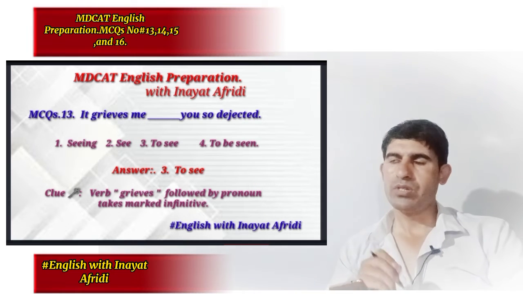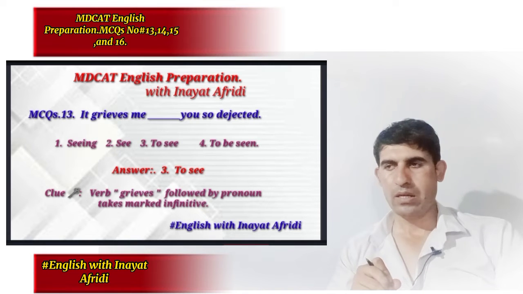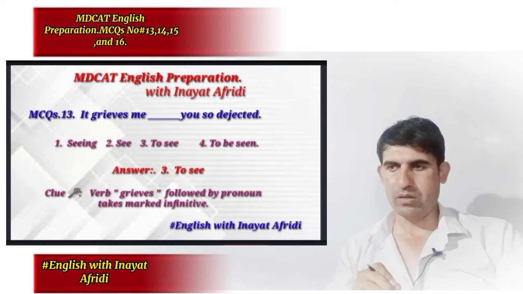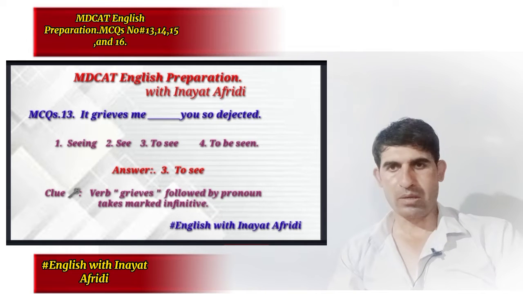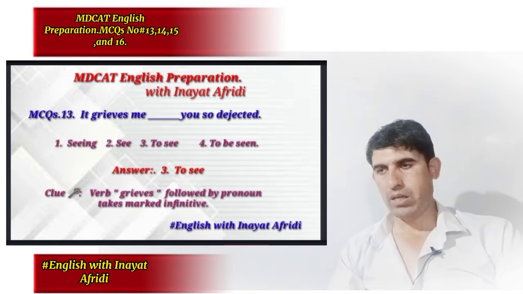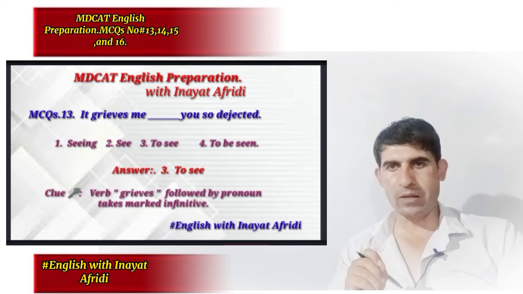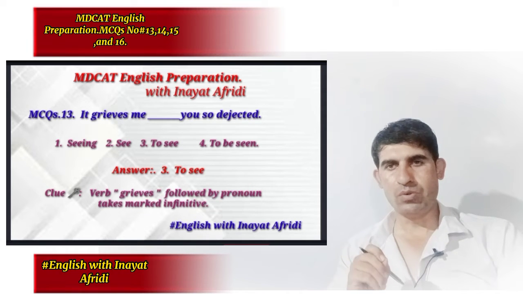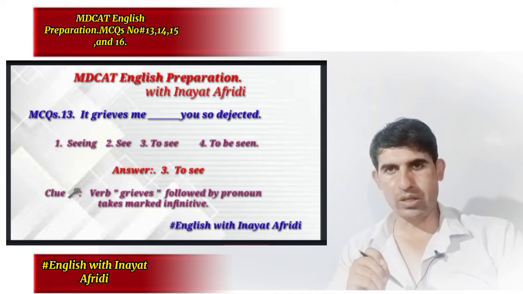Let me tell you one very important thing: infinitive has many forms. We have the marked infinitive, the unmarked infinitive, the participle infinitive, right? In this case we chose the marked infinitive, to see, because the verb grieve in the sentence is followed by the pronoun me.